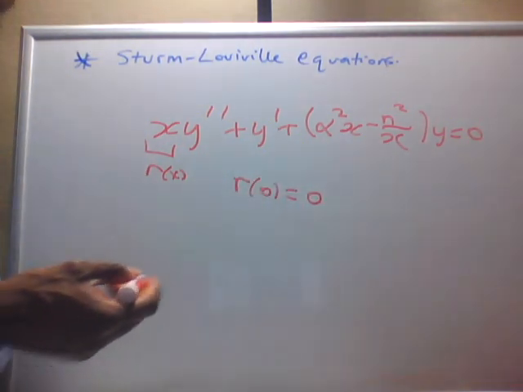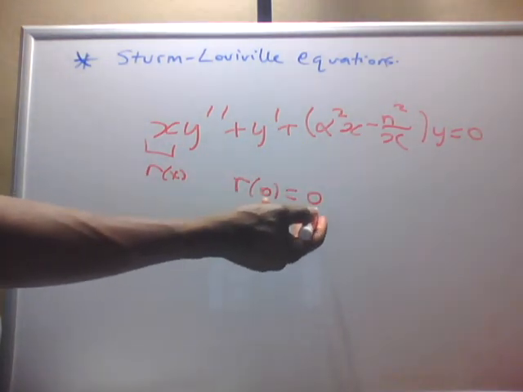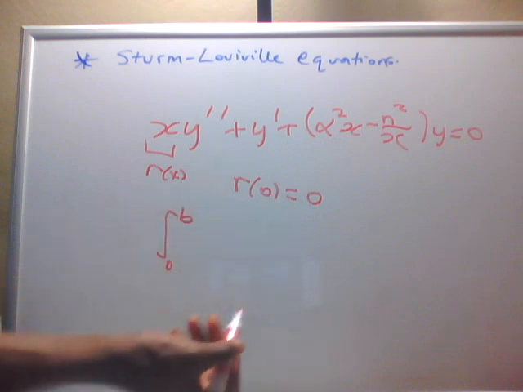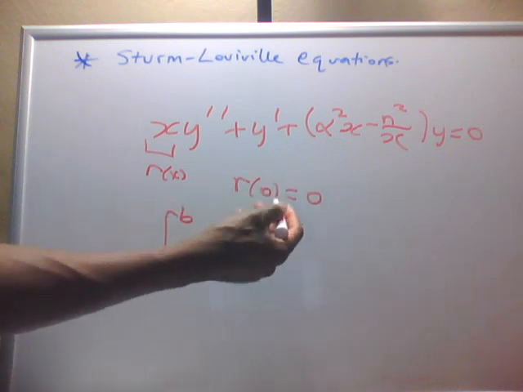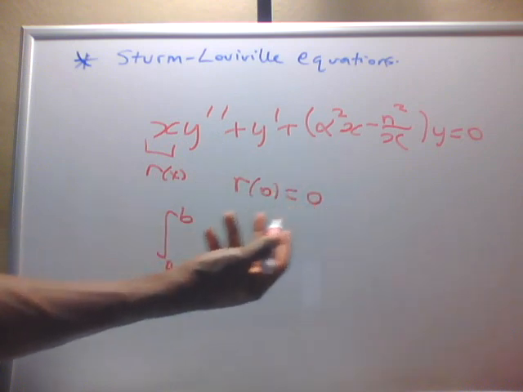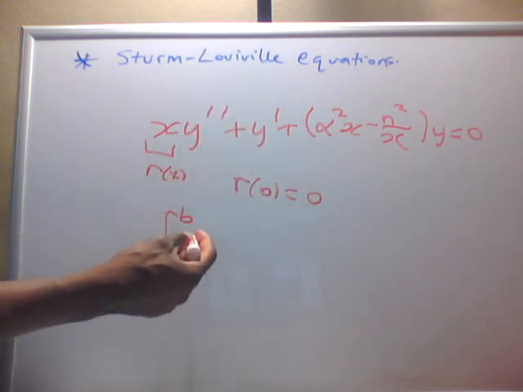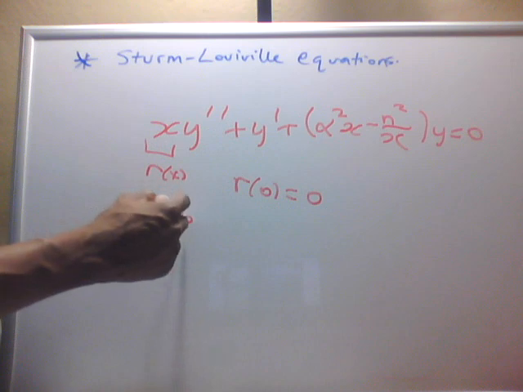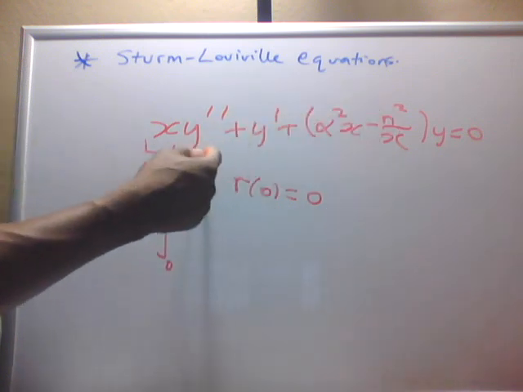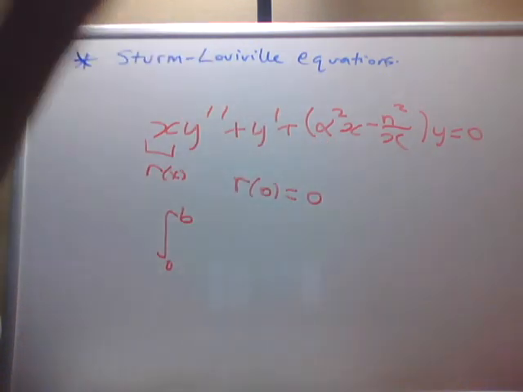Okay, so we have some lower limit that we can work with. So I can always define my orthogonality from 0 to b because we have this working. In the previous case with Legendre, we had two limits that worked well, so this wasn't an issue. Now we have to figure out what b we can choose for us to have a Sturm Liouville problem, for our boundary conditions to work.